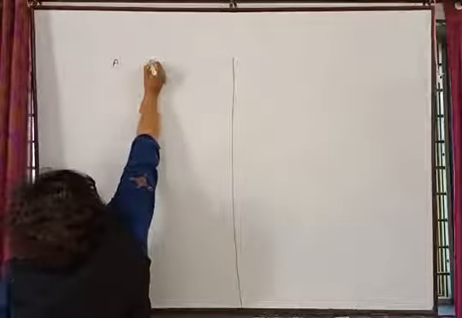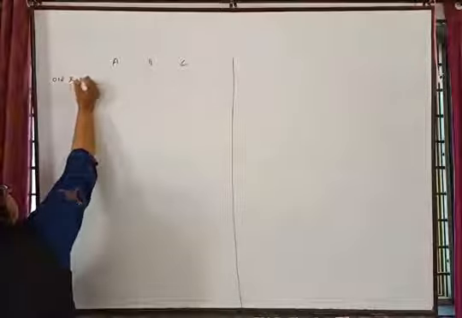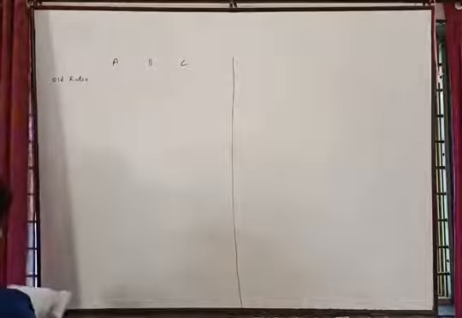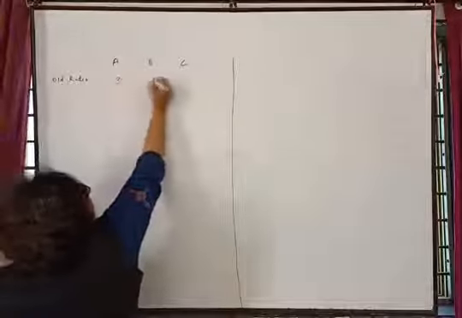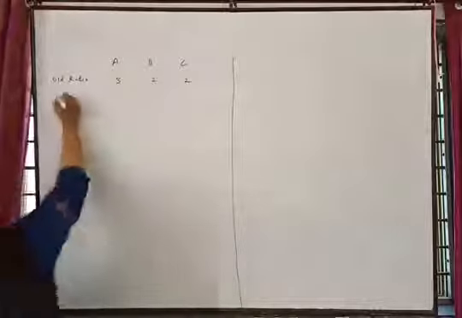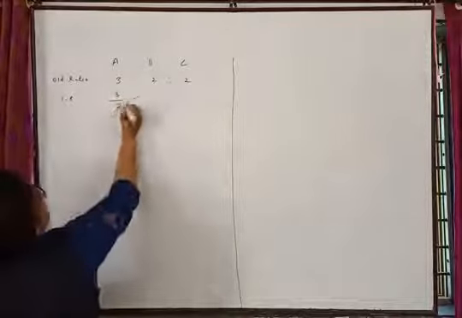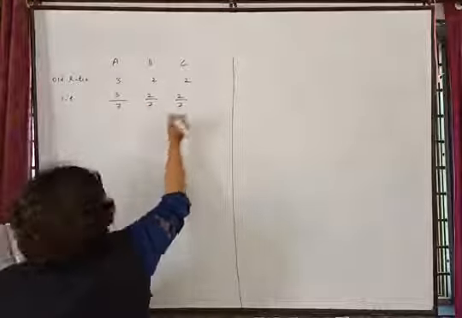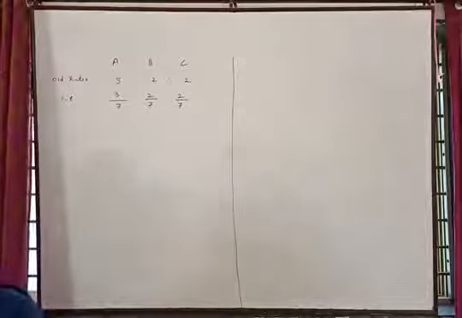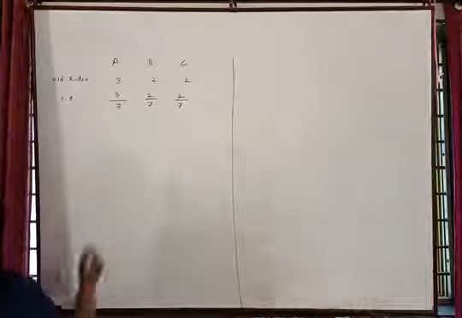A, B and C, old ratio as given in the problem, is 3:2:2. That is, it will be 3/7, 2/7 and 2/7.